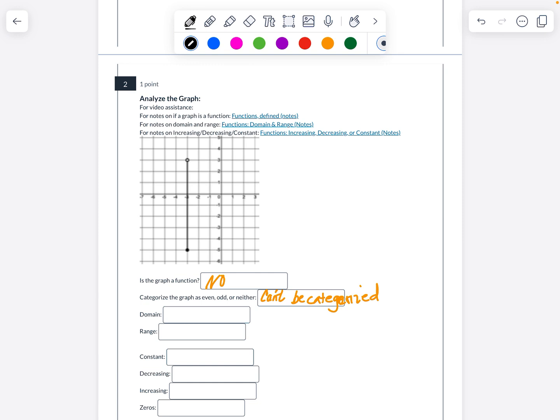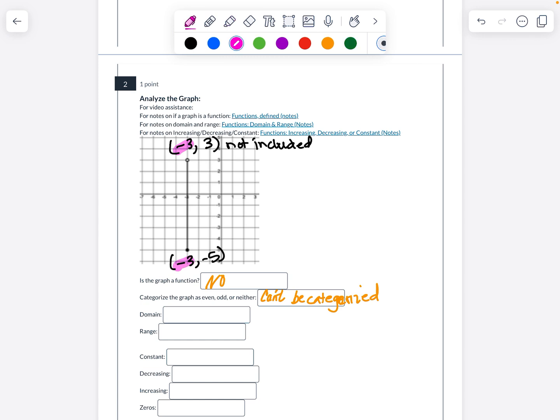If we list our points, this is the point negative 3, negative 5. This is the point negative 3, 3, not included. And so for our domain, it is just negative 3.